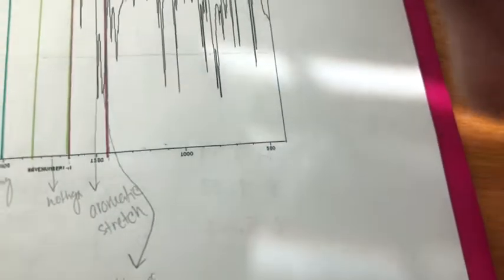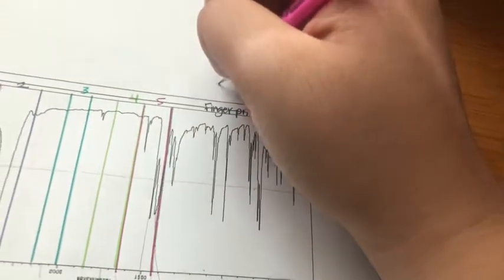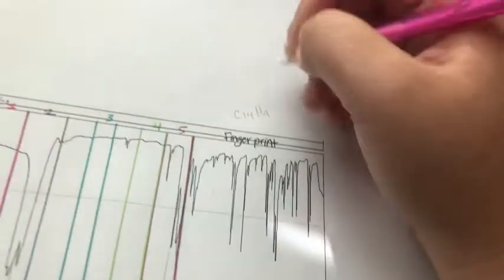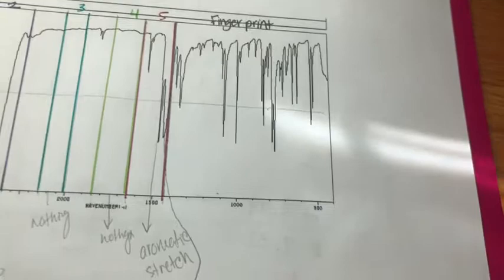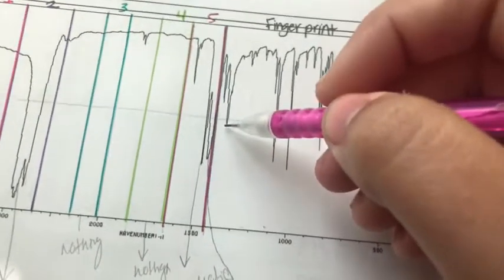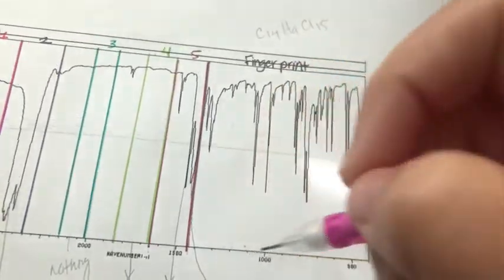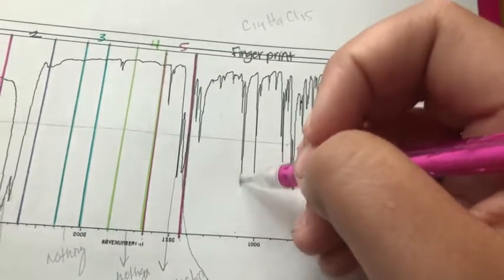So now we go into the fingerprint region. And remember again, our formula is C14H9Cl5. So we have this small little peak past the 50, but based on what our formula is, that's not going to give us anything.